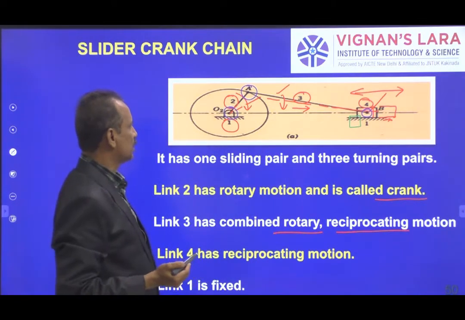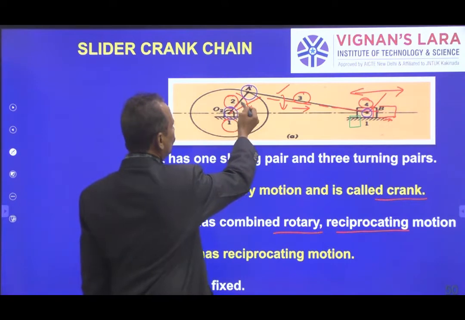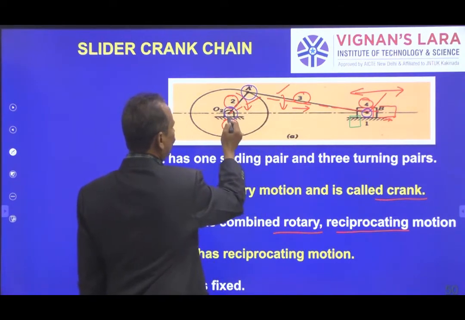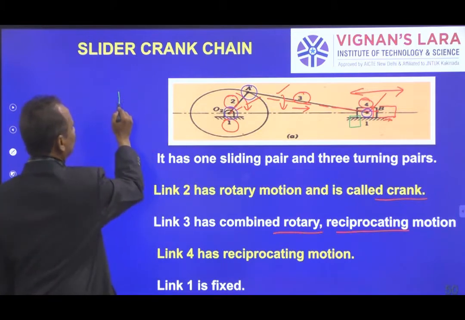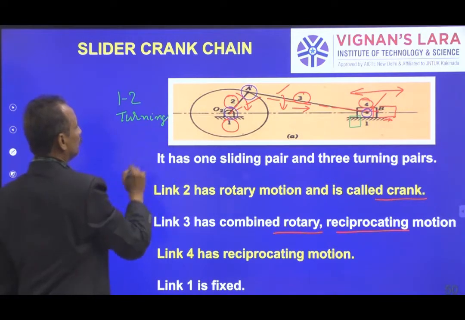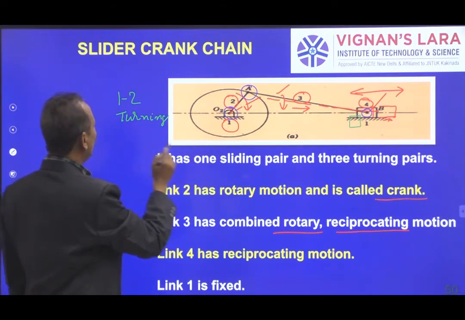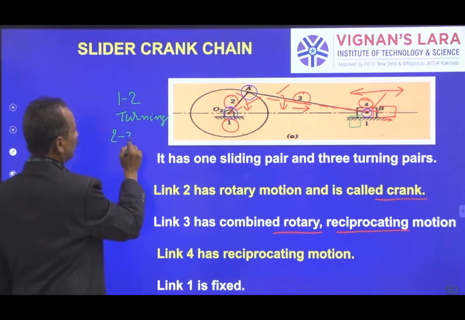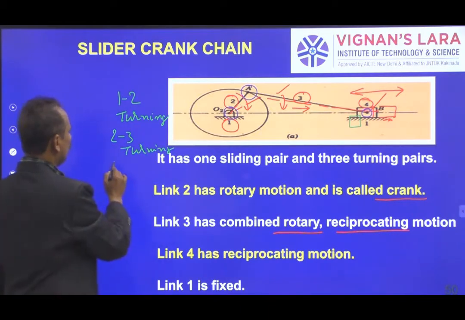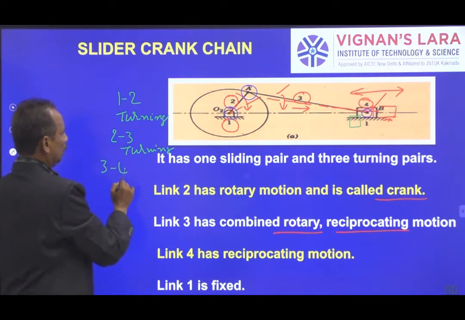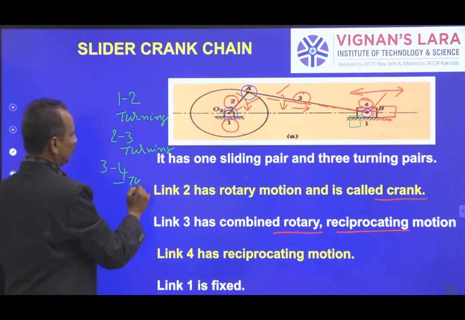With link 1 fixed, links 1 and 2 form one turning pair. Then links 2 and 3 form another turning pair. Then 3 and 4 form another turning pair.